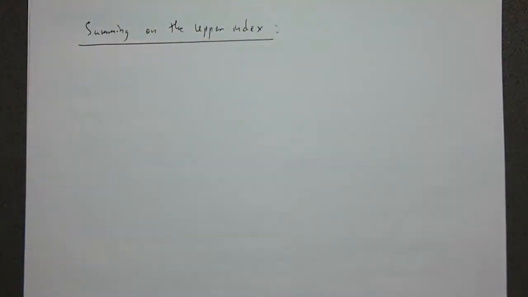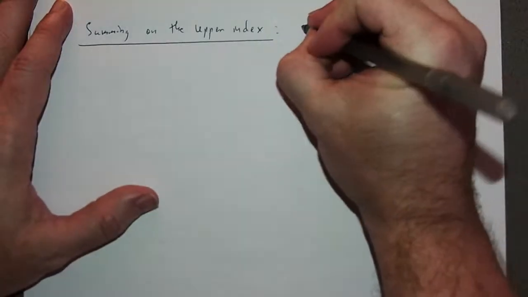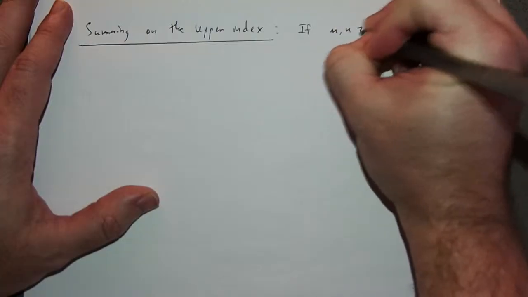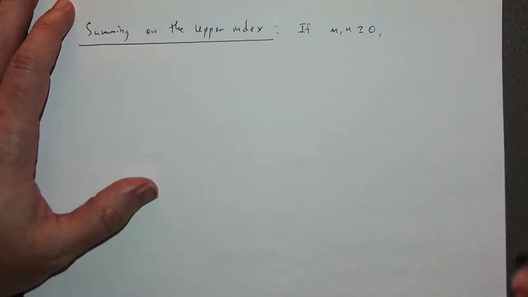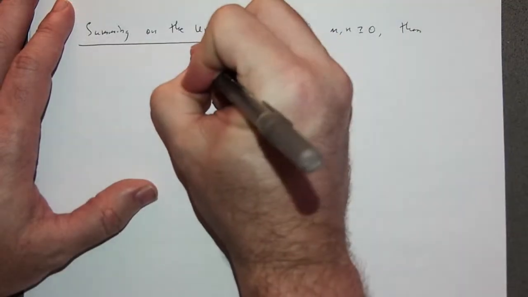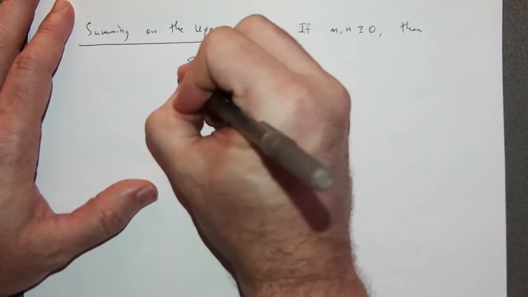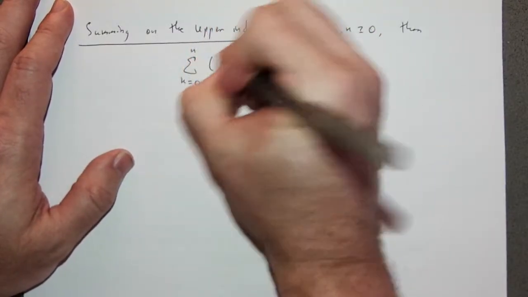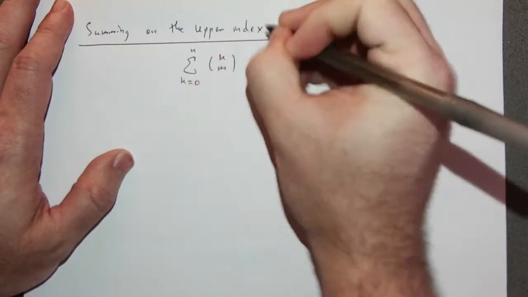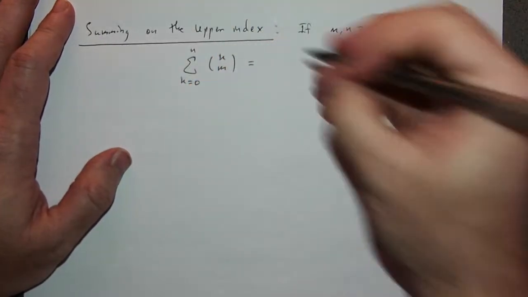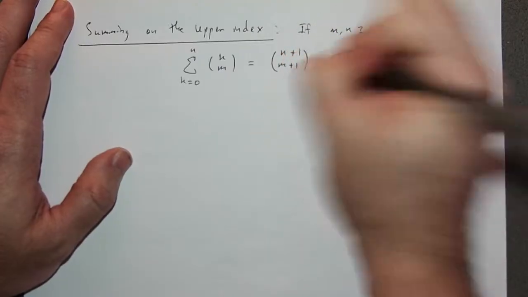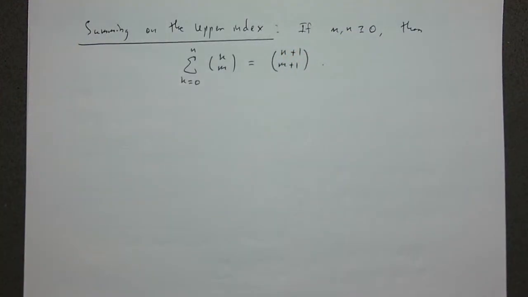If m and n are non-negative integers, then the sum from k equals 0 to n of k choose m is equal to n plus 1 choose m plus 1.